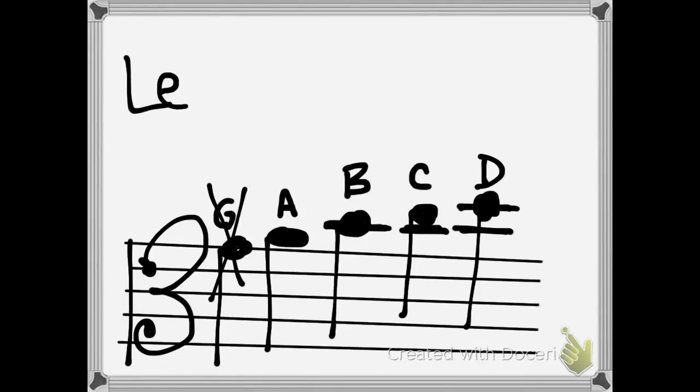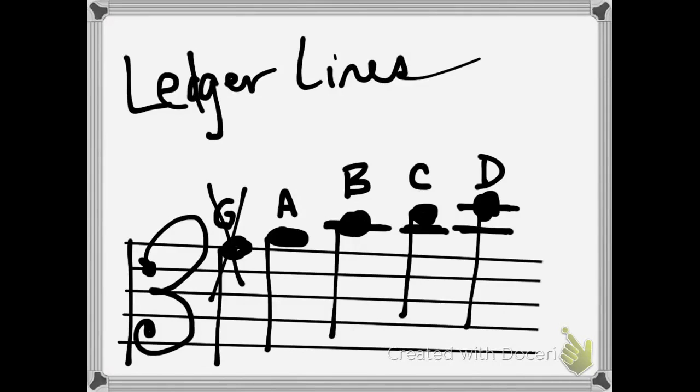Ledger lines. I think there's a D. Could be wrong about that. And B has one ledger line going through it. We'll highlight it. C sits on top of a ledger line, and D has two ledger lines, the top one going through it. We learned that our open A is perched on top of the staff, right there.